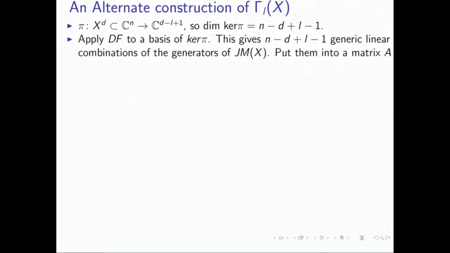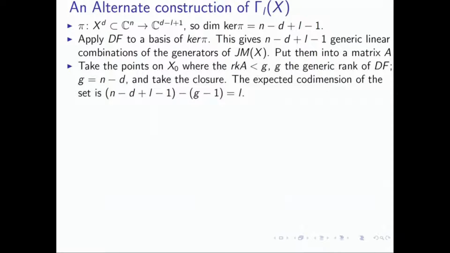Put them into a matrix A. Take the points on the regular part where the rank of A is less than you would expect, and then take the closure. If we do the calculation, you're going to be looking at a matrix, and so the locus of zeros will be the expected dimension.